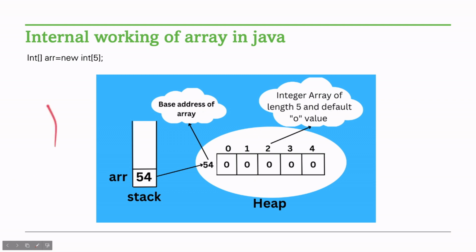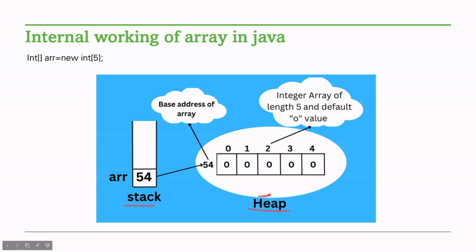Now lastly, let us understand the internal working of an array in Java. This is the extra thing that I am covering in this video. So first, whenever you declare an array, we have memory allotted by the JVM in order to run our Java program. We have two types of memory, stack and heap.